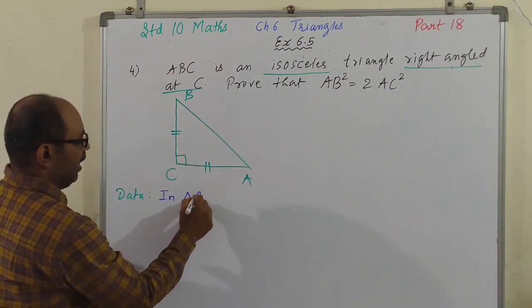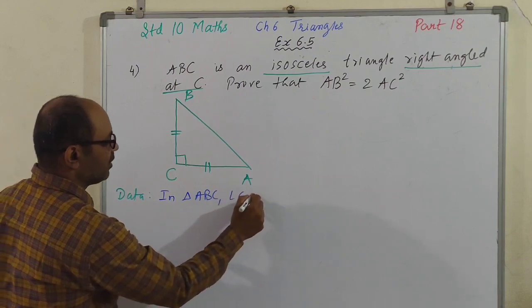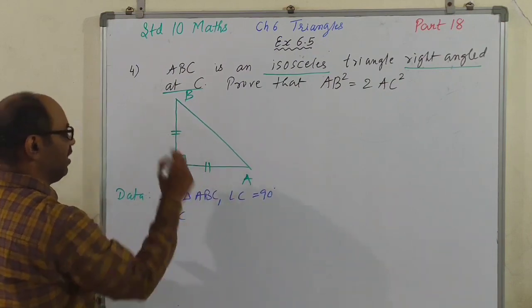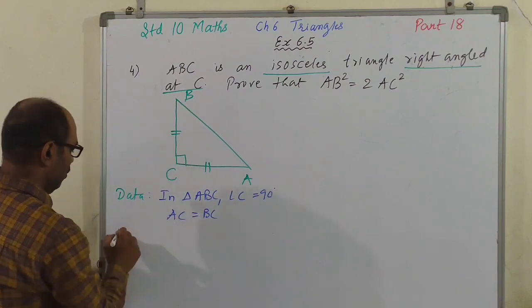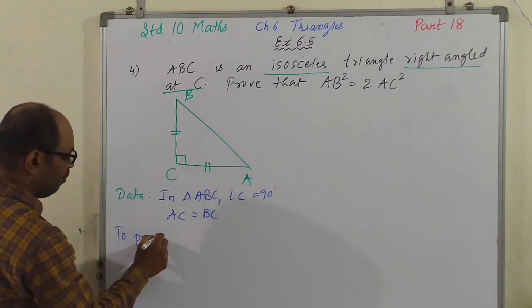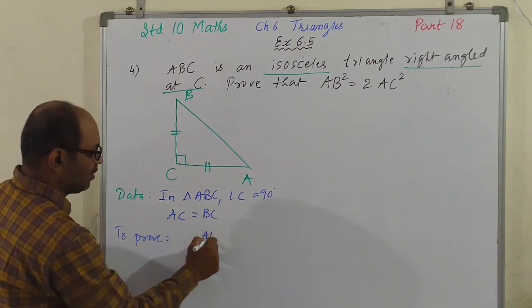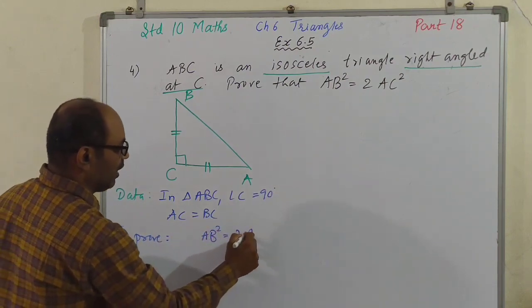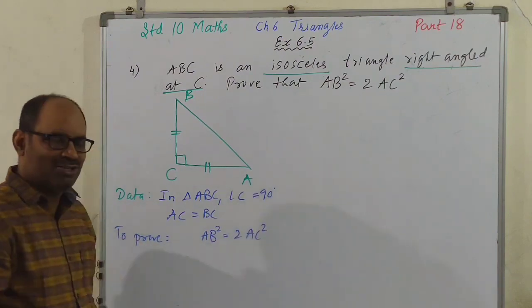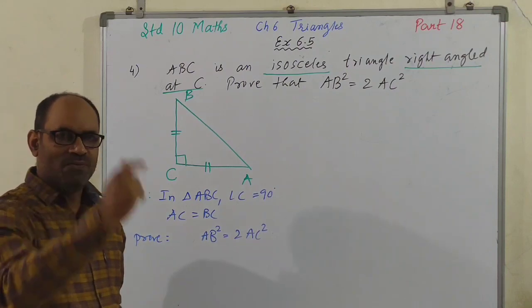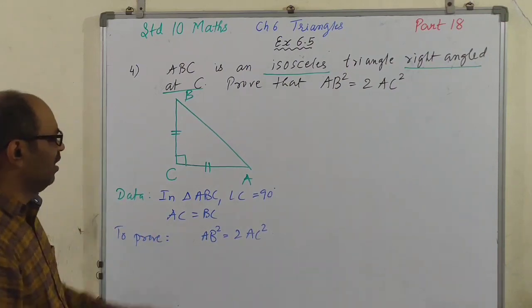In triangle ABC, angle C is equal to 90 degree and AC equal to BC. To prove, AB square is equal to 2 times AC square. Children, this is damn easy. Very quickly we can complete it.